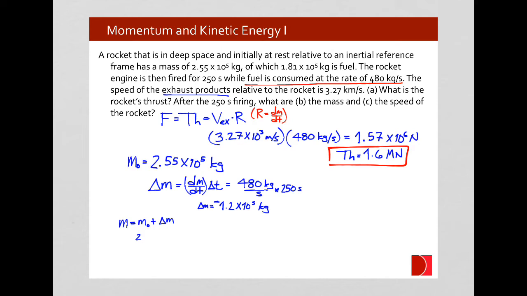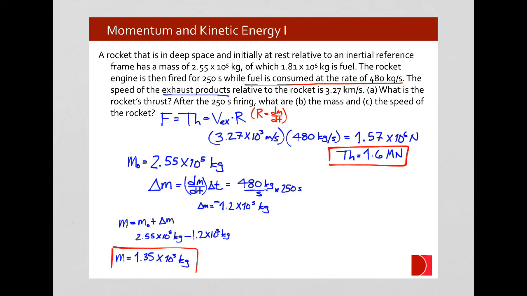It's going to be 2.55 times 10 to the 5th kilograms that we had initially, minus the 1.2 times 10 to the 5th kilograms that we just burned. And we're left with 1.35 times 10 to the 5th kilograms.